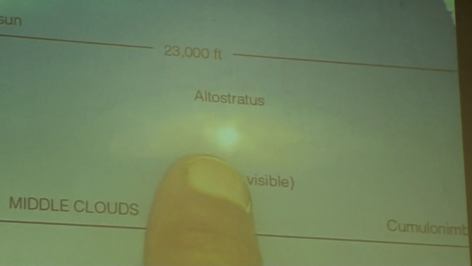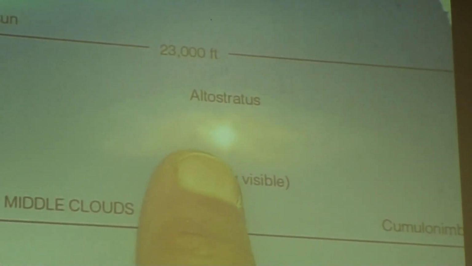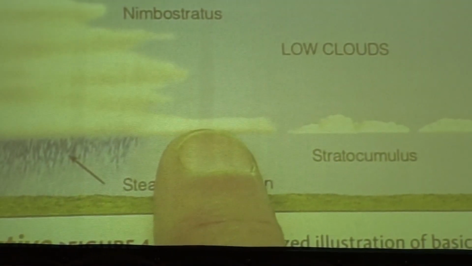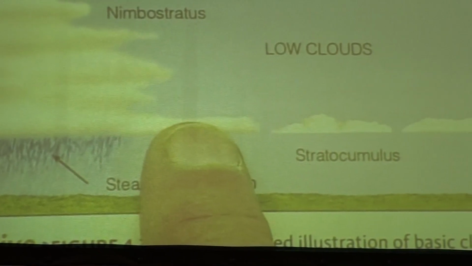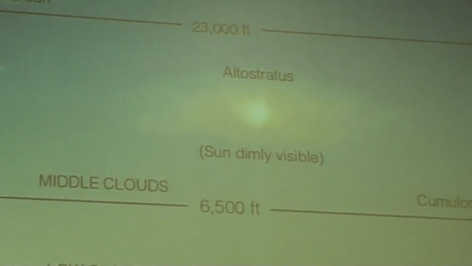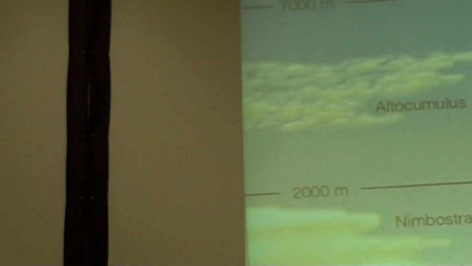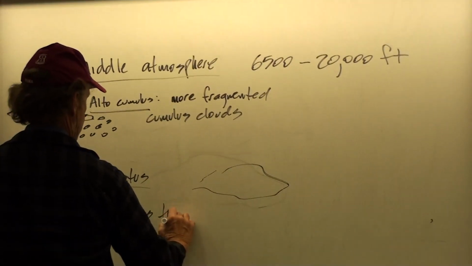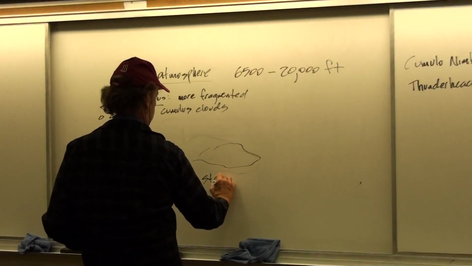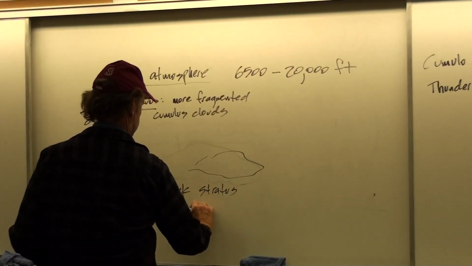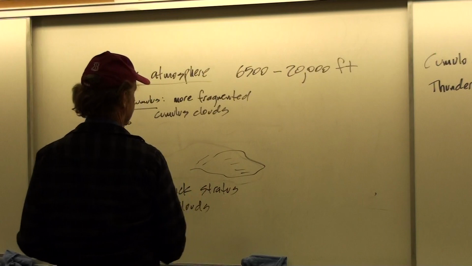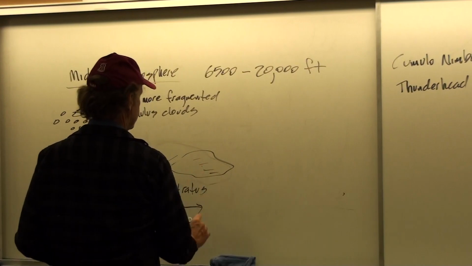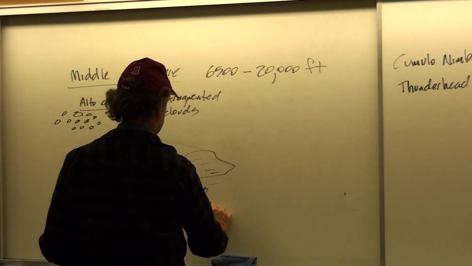And so you could probably see the sun through altostratus clouds, but you couldn't see the sun through just regular stratus clouds because they'd be thicker down near the surface. These would be our less thick stratus clouds in the middle atmosphere, with the sun being able to be seen through them.